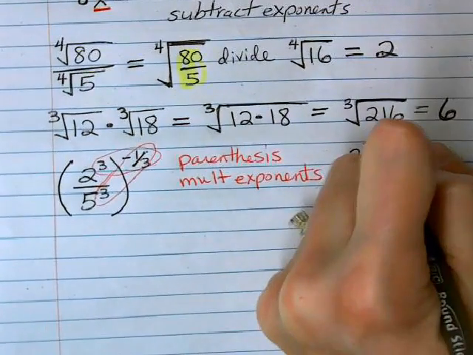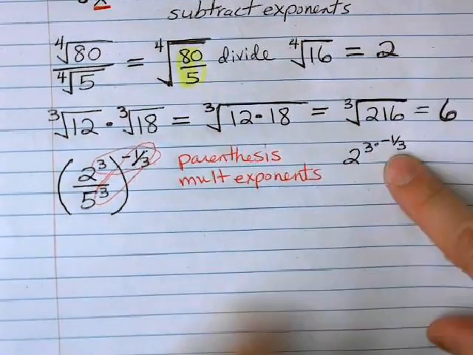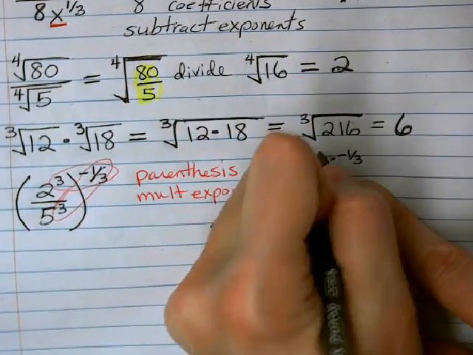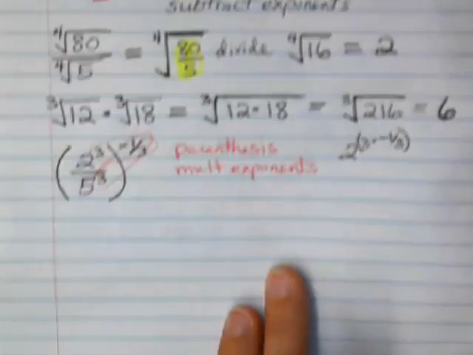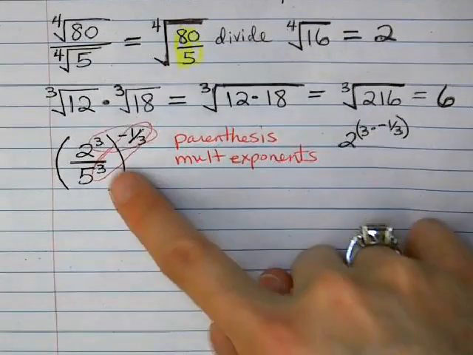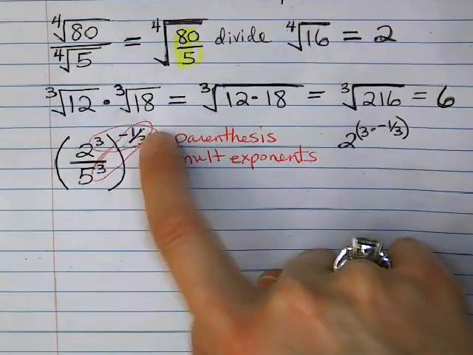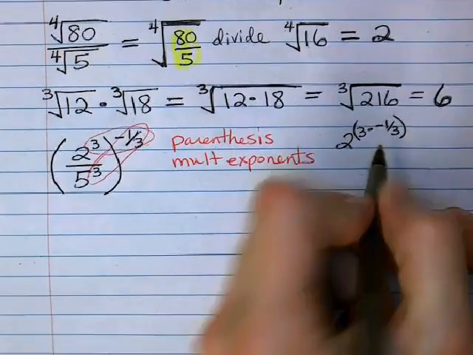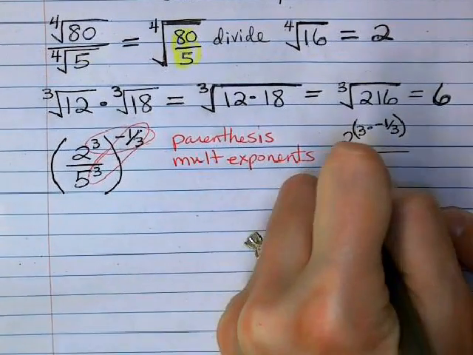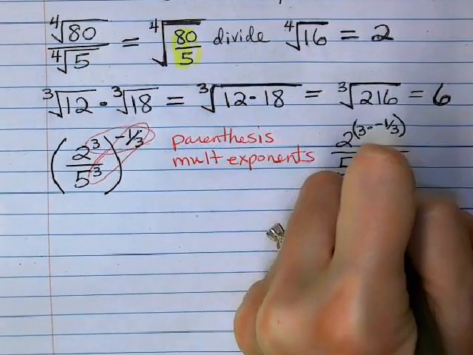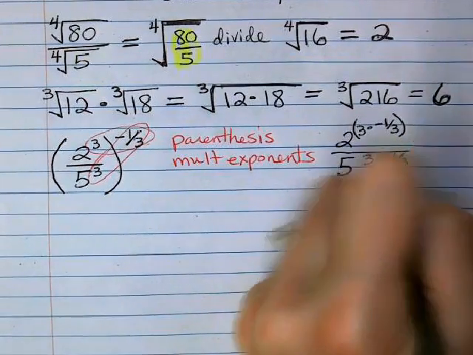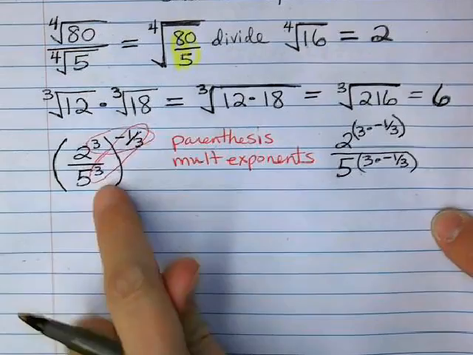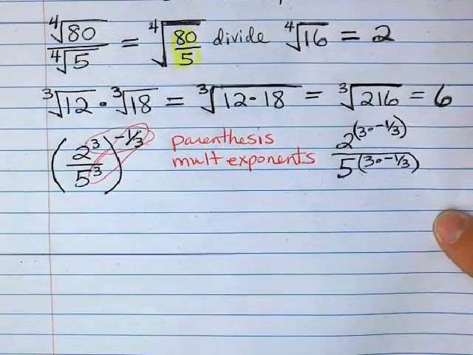I'm trying to write the little steps so you see you're going to have to multiply that. Same thing on the bottom. You have to take the 5, it was 5 to the 3rd power, but you're going to have to times it by that negative 1/3. Because it's in a group, you have to do that to both things.